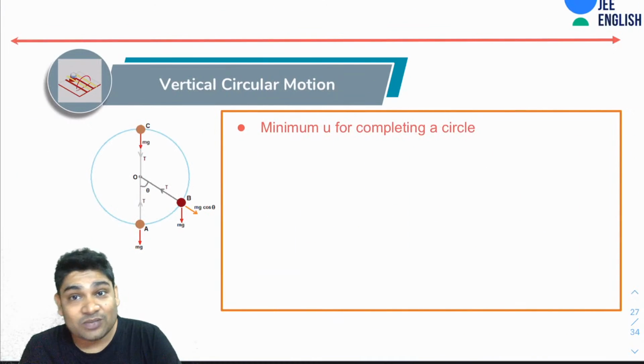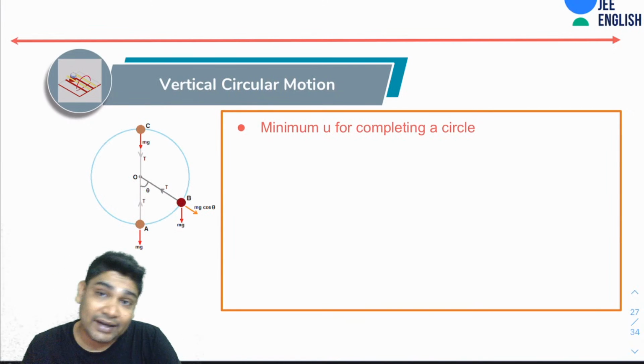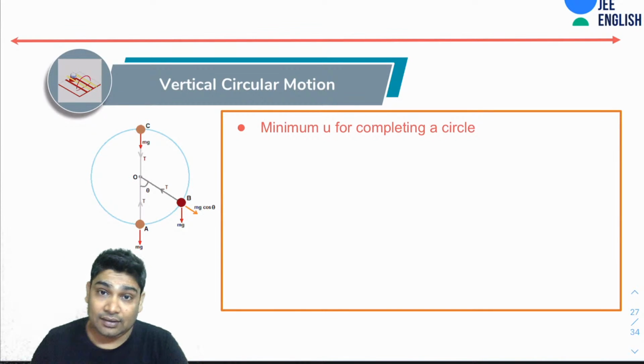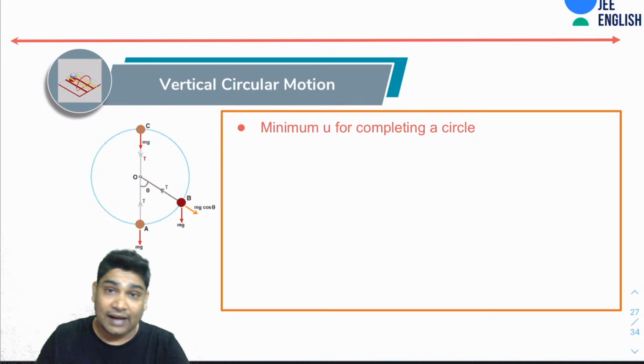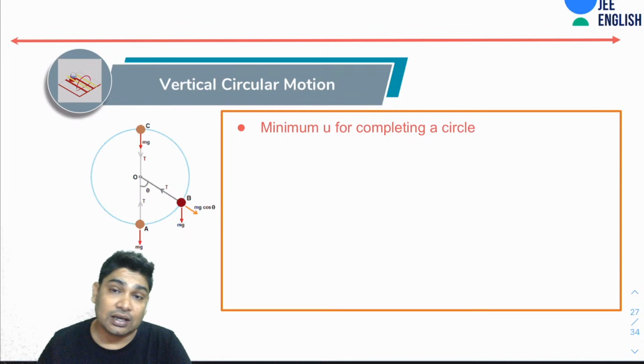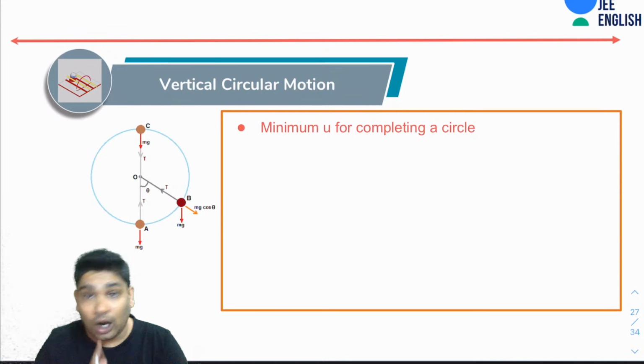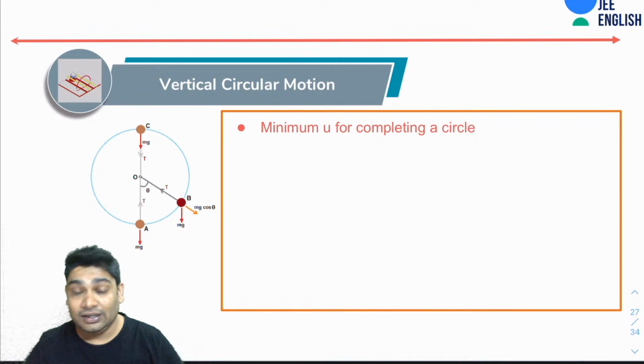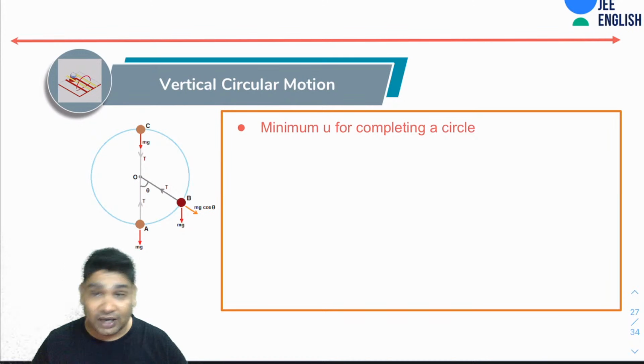Now, if somebody asks me what is the minimum u for completing a circle, I know that a string should not become slack if it has to move. If the particle has to move completely in a circle, then the string should not become slack. So what is the condition for the string not becoming slack? The condition is that tension should never become zero.